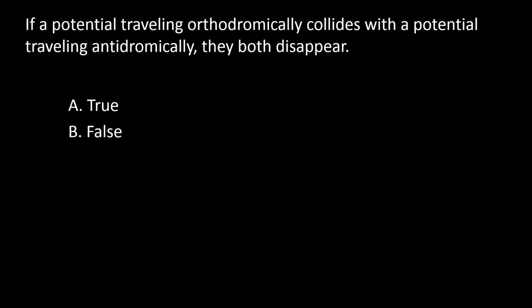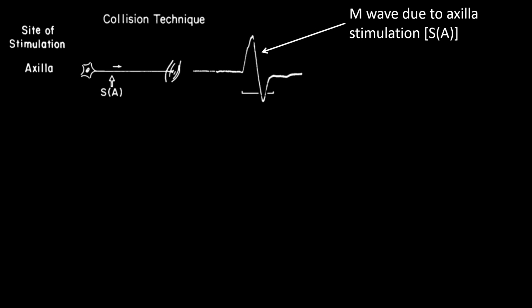Next question. If a potential traveling orthodromically collides with a potential traveling antidromically, they both disappear. A true, B false. This drawing from Dr. Kimura depicts an action potential occurring after axillary stimulation producing an M wave.